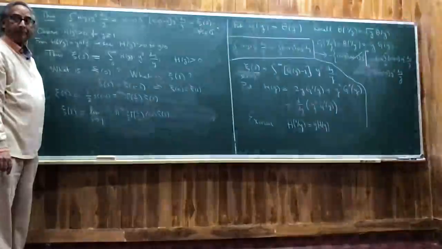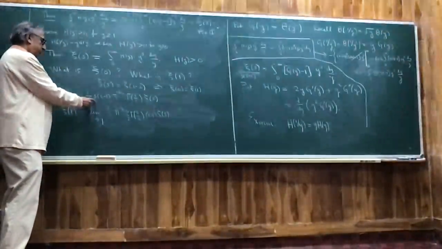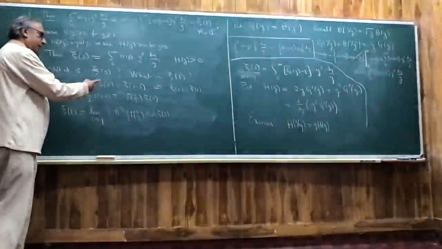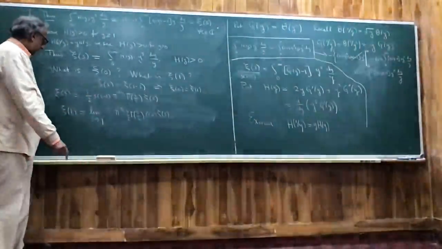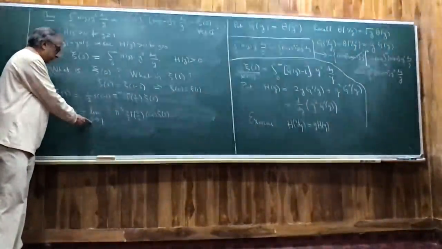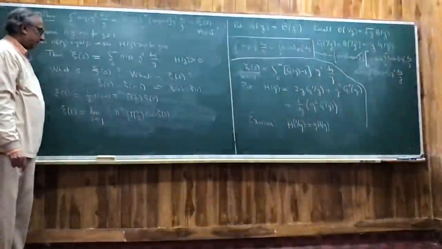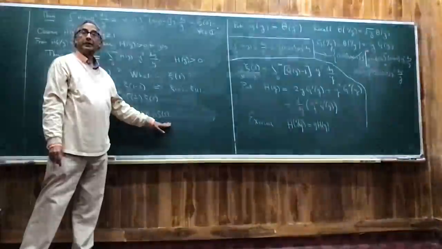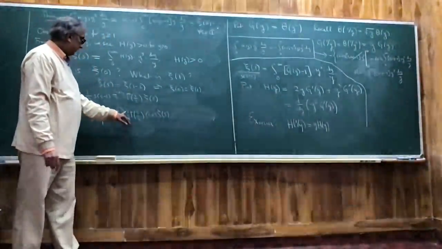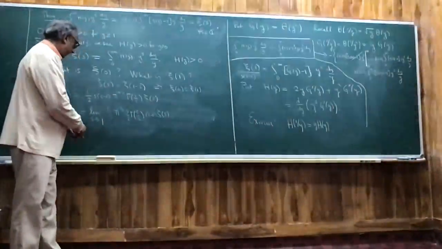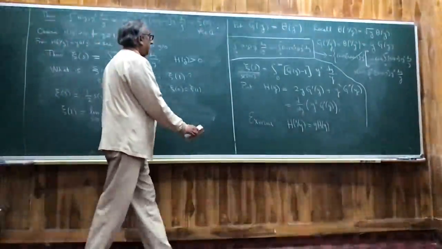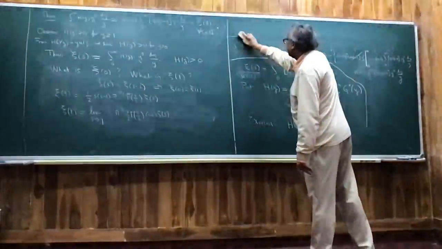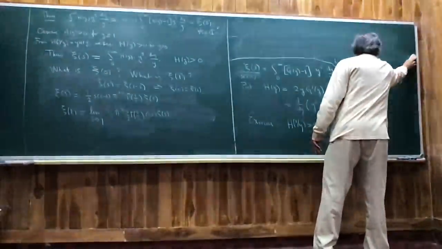Everybody following what I'm doing? C of S is this function. I want to calculate C of 0. But that's the same as calculating C of 1 by the functional equation. And C of 1 is equal to the limit as S goes to 1 of this object. The advantage of this is that S minus 1 zeta of S now has limit 1, and S over 2 gamma of S over 2, well, everything else is well behaved at S equals 1.